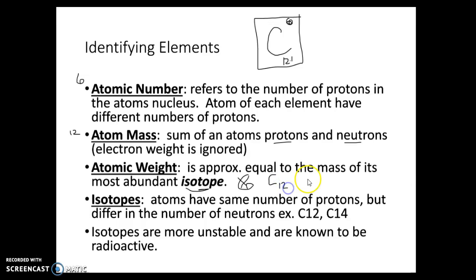You might have heard of carbon 14, which is a radioactive isotope. So in carbon 14, these atoms of carbon have 6 protons, but they have 8 neutrons. So meaning that their atomic mass would be 14. So this number right here is an average of all the different isotopes of carbon. And isotopes are more unstable and are typically known to be radioactive.